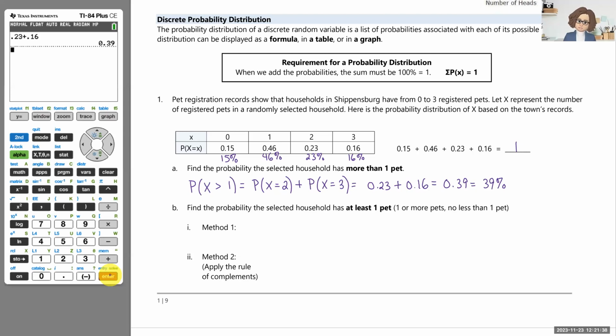So just a reminder, at least one would be one or more, or said another way, no less than one. So at least one. All right, let's write that question in symbols. Probability that X, so at least one, so one or more would be greater than or equal to one.